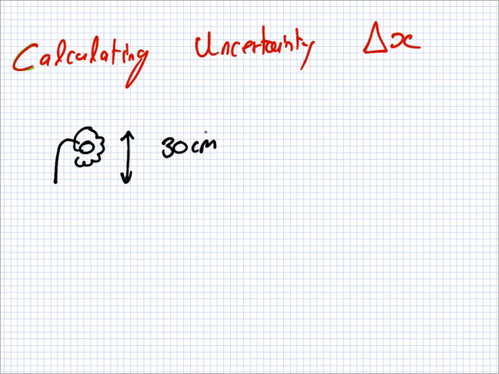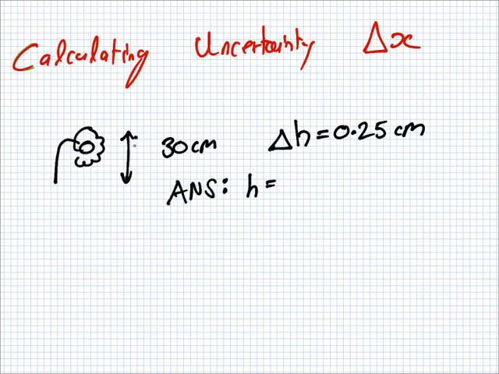So in your mind you know that you could have made a mistake. We'll say the error is 0.25 centimeters. So your answer for the flower would be that the height is 30 plus or minus 0.25 centimeters. So you understand that, don't you?